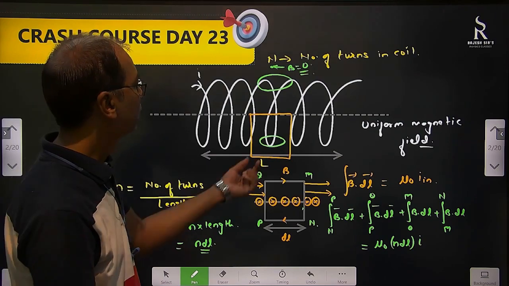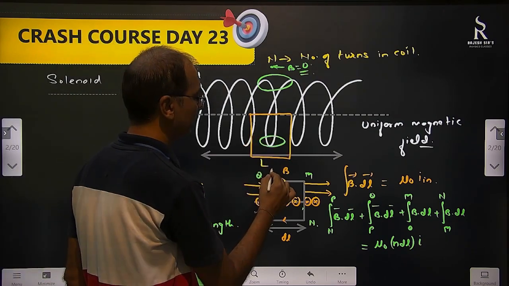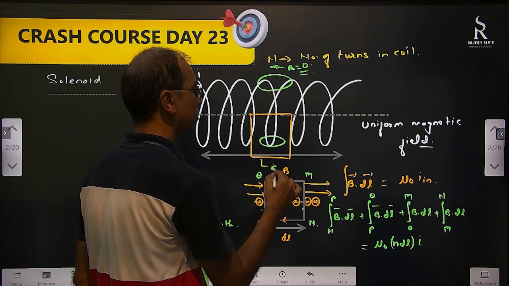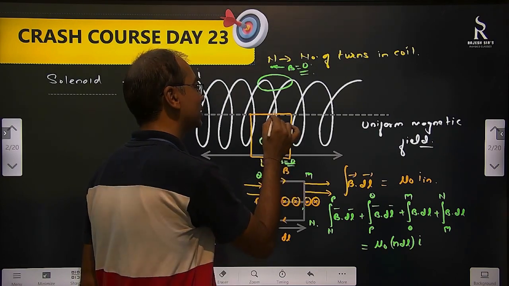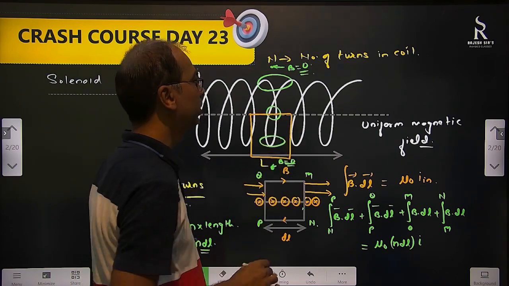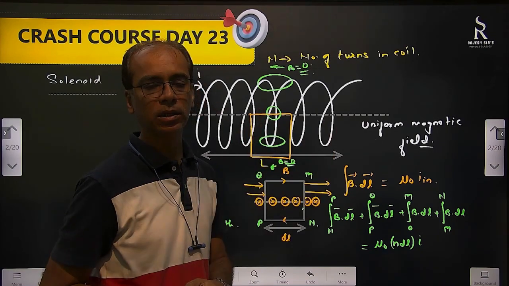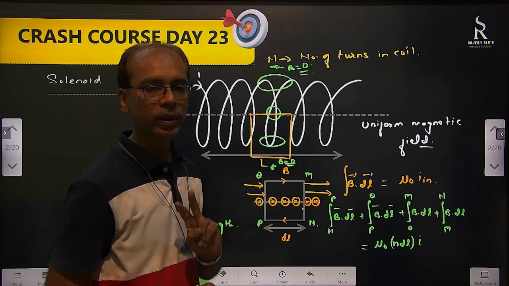In exactly the same way, the lower section produces magnetic field here, and the upper section also produces magnetic field here, in opposite direction, so here also it becomes 0. But at the center, the magnetic field because of the upper section and lower section comes out in the same direction and they get added. So there are two ways to solve it.